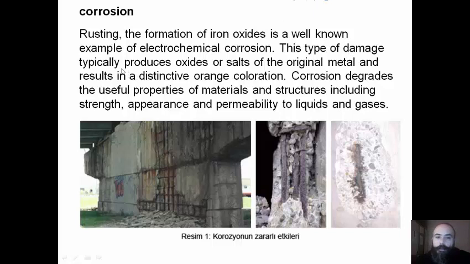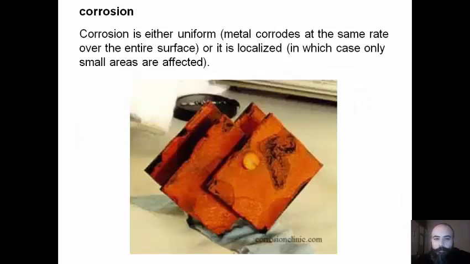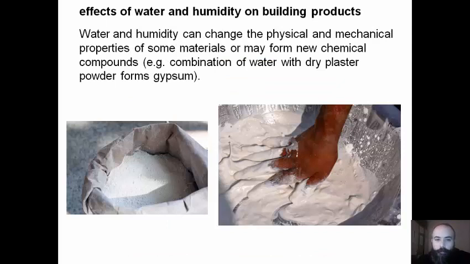This type of damage typically produces oxides or salts of the original metal and results in a distinctive orange coloration. Corrosion degrades the useful properties of materials and structures, including strength, appearance, and permeability to liquids and gases. Corrosion is either uniform or it can be localized.